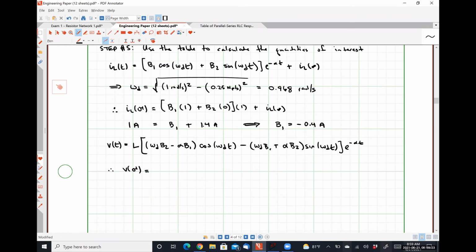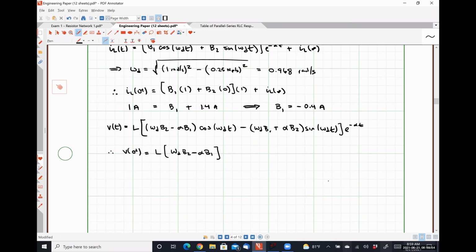Voltage at 0 plus is then going to simplify to what, right? So we're going to have L times omega d B2 minus alpha B1. And that's it, because we know that cosine of 0 goes to 1, sine of 0 goes to 0, and e to the 0 goes to 1.